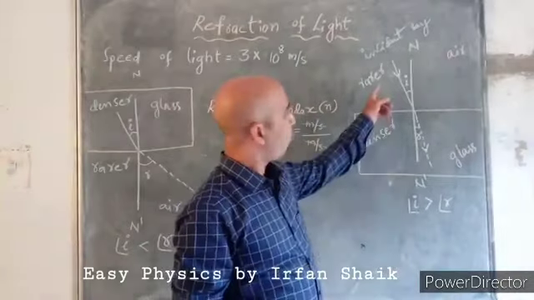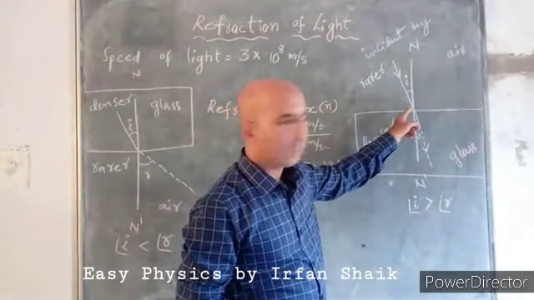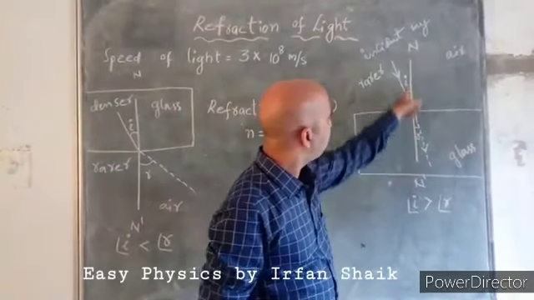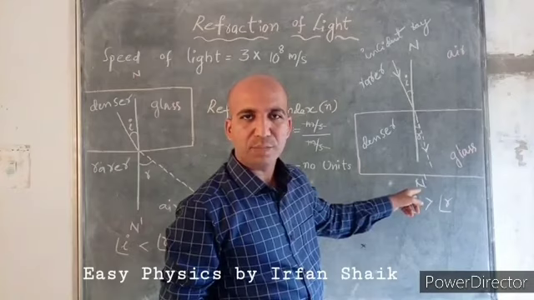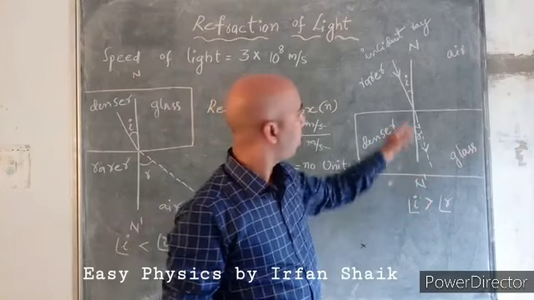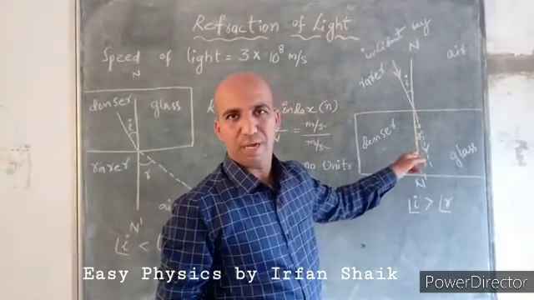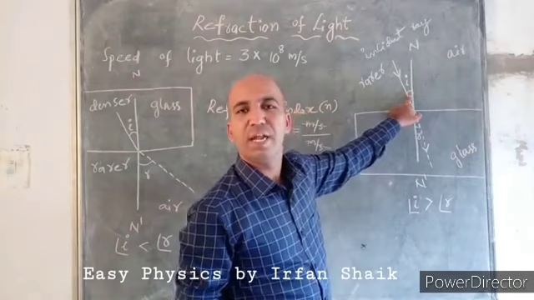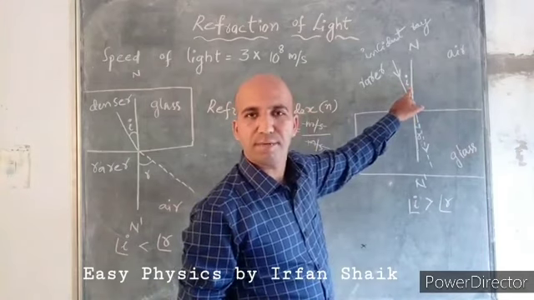Now, if we observe carefully, the angle between the incident ray and this line n dash, this perpendicular line called as normal line. So the angle between the incident ray and the normal line is called as angle of incidence. It is denoted by small i.